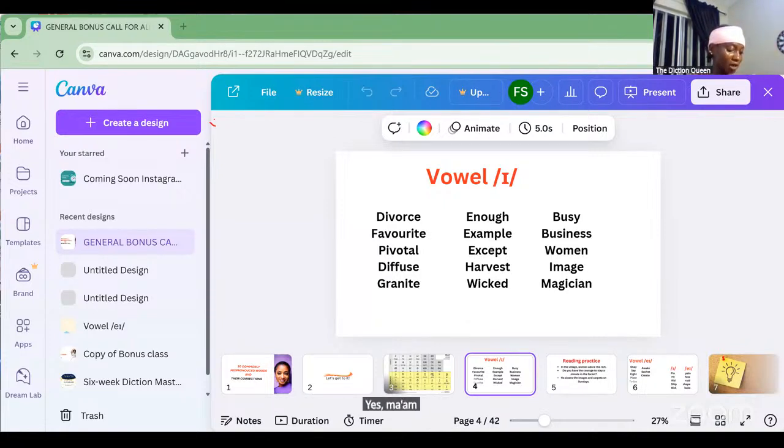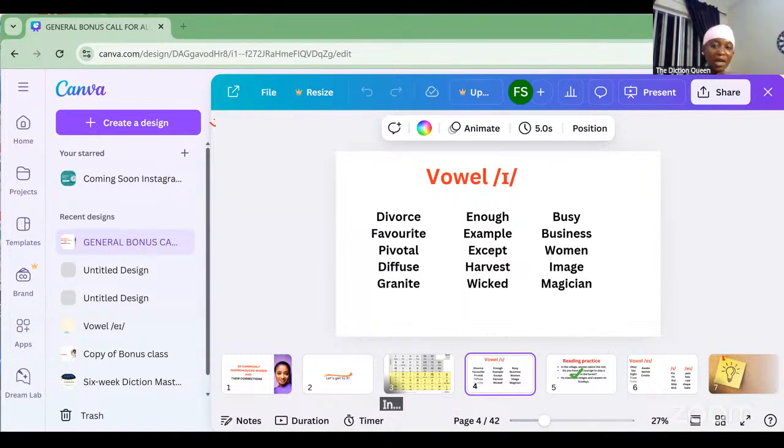Please pronounce the words from enough to wicked. Enough. It's not a. You're saying A, B, C, A. Enough. You're still saying a. Please go to the next word.